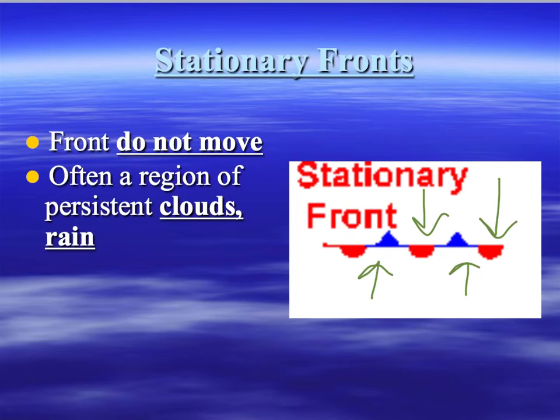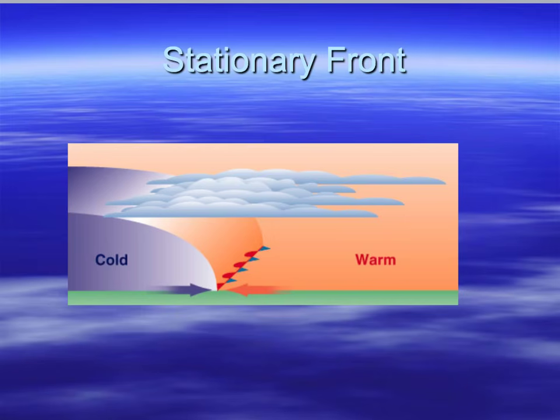So make sure you draw this front in your notes. Here's a picture diagramming a stationary front. So we have our cold air and our warm air pushing on each other in the same direction, causing these clouds, and it just kind of stays where it's at because they're pushing on each other, not going anywhere.